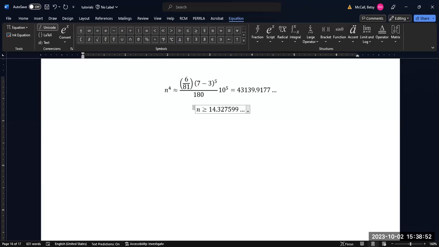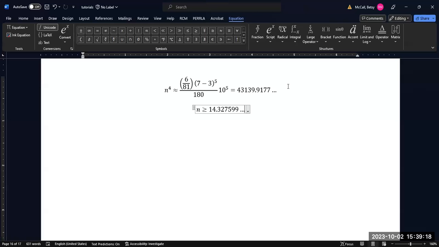You do not ever round normally. It is a threshold. This is the minimum n that you need in order to get the accuracy that you desire. If you round down, you may or may not get the accuracy that you want. And so in order to make sure that this is actually going to satisfy our requirements, we need to round up.